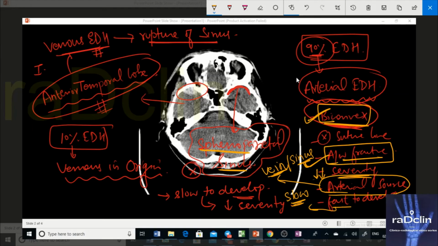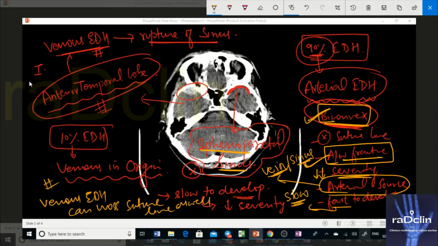So if it bleeds, it can simply cross the suture line. So venous EDH can cross the suture line as well, which is very common with venous EDH.